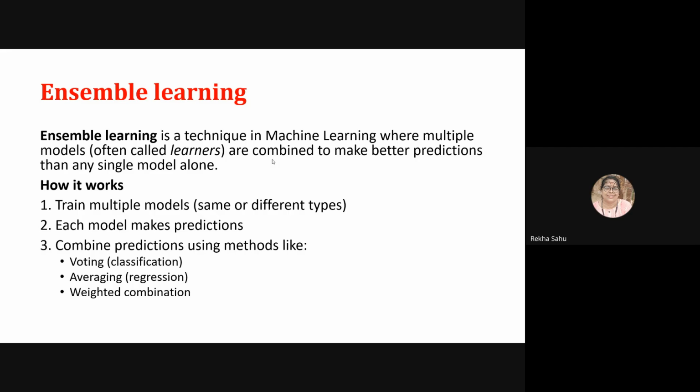So same approach, you will use the decision tree, the k-nearest neighbor, and logistic regression. All approaches you will use. Which one will give the best result will be selected. Okay. So in that case, you will get a good, correct prediction.